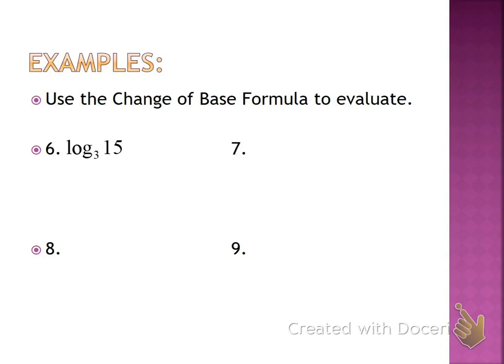Now, these problems might look a little bit familiar, except they are problems that we wouldn't have been able to solve before. Before we knew change of base, if I asked you to evaluate, that was when we set this equal to what? X. And then we changed it to exponential form, right? This is not what I'm going to recommend you do, but this is just showing you how we would have tried these before.